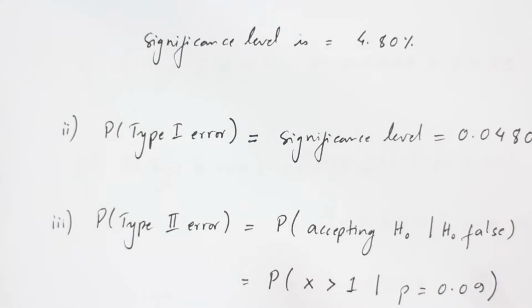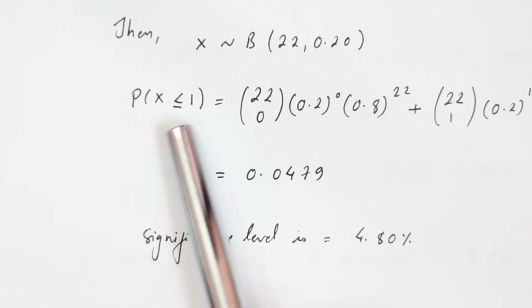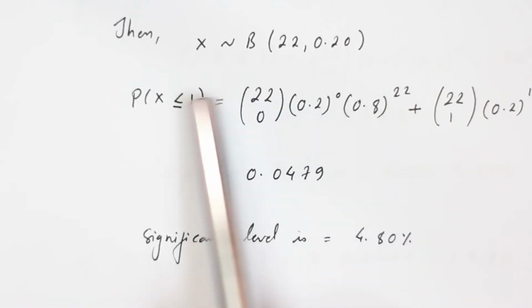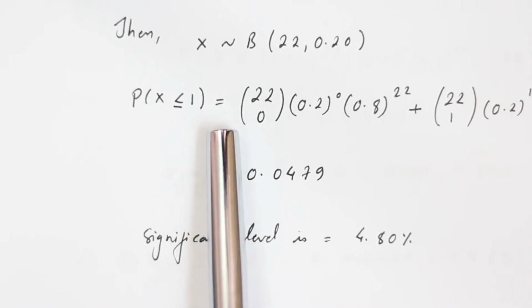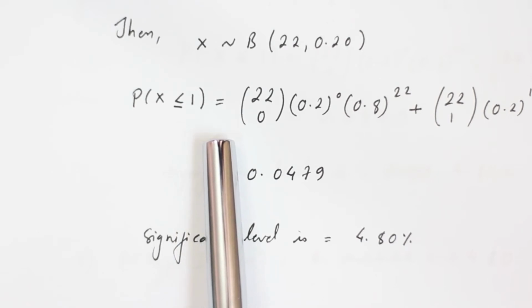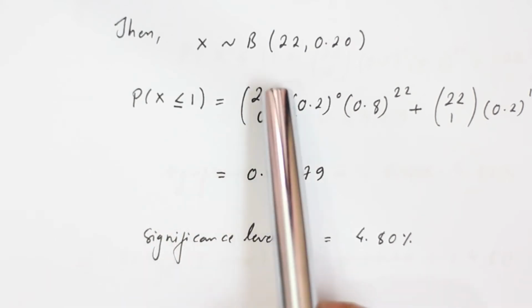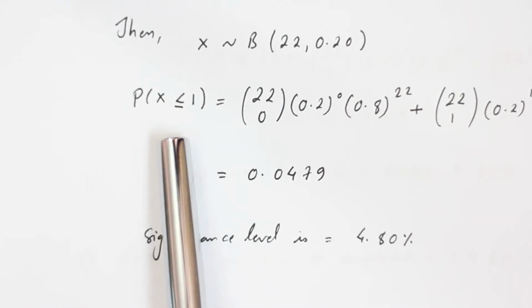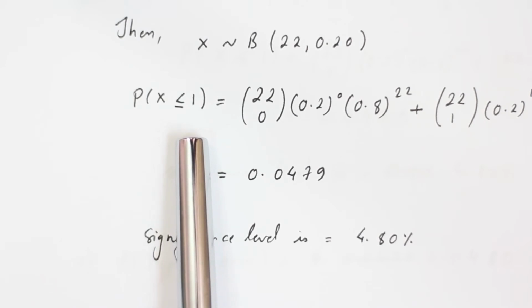Okay, so if you look at the significance level, the probability that X is less than or equal to 1, it simply means that this is our rejection region, right? The rejection region of the null hypothesis, because it is claimed that the time to check in has reduced. So we say that the null hypothesis is rejected if this claim is true, which means the time has reduced and there is enough evidence for it.